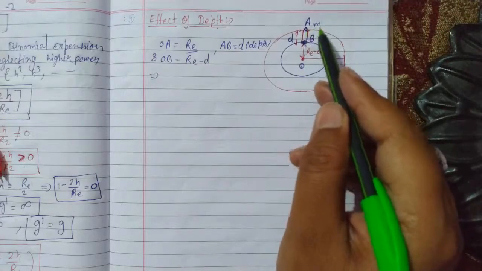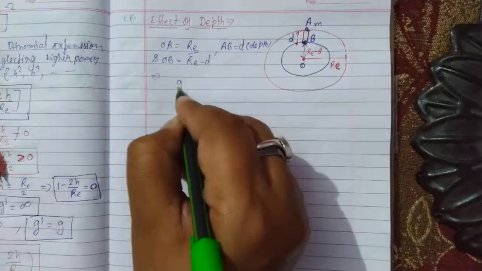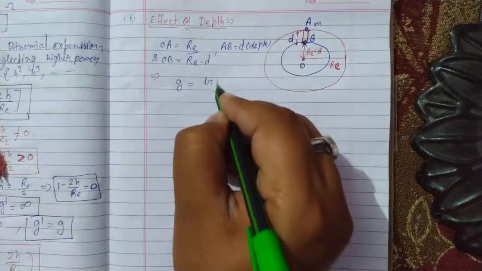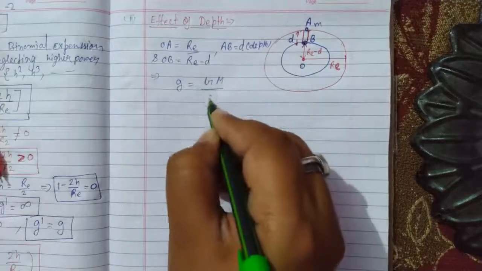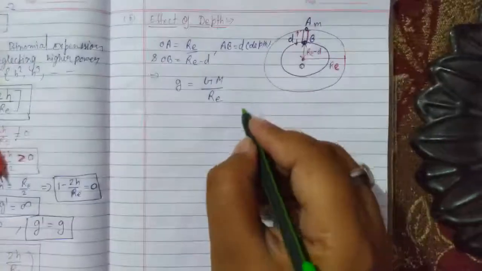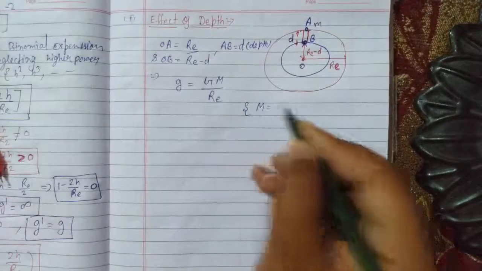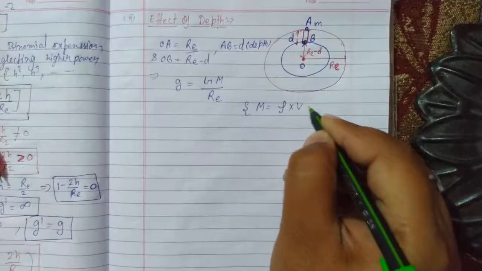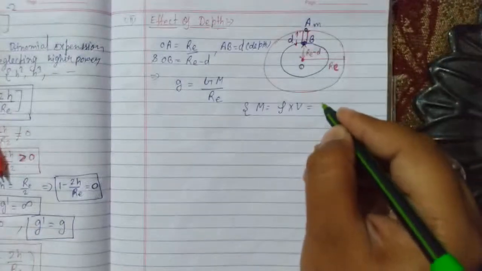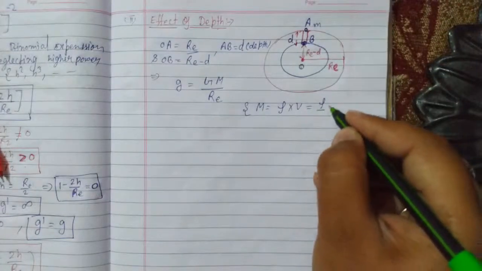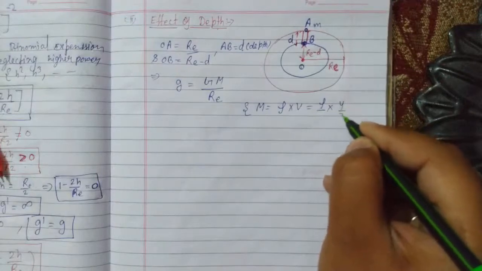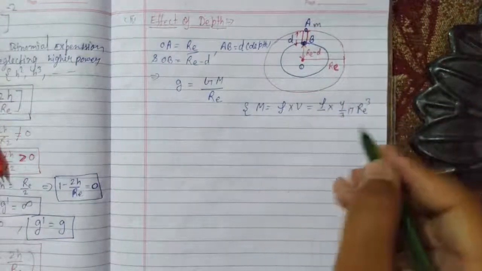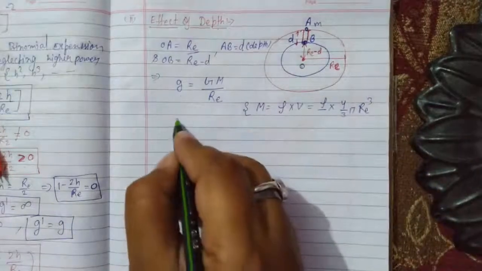At A, the force due to gravity on the object is given by g = GM/Re². Here M is given by density into volume, that is density into 4/3 π Re³. So we can use this result here.